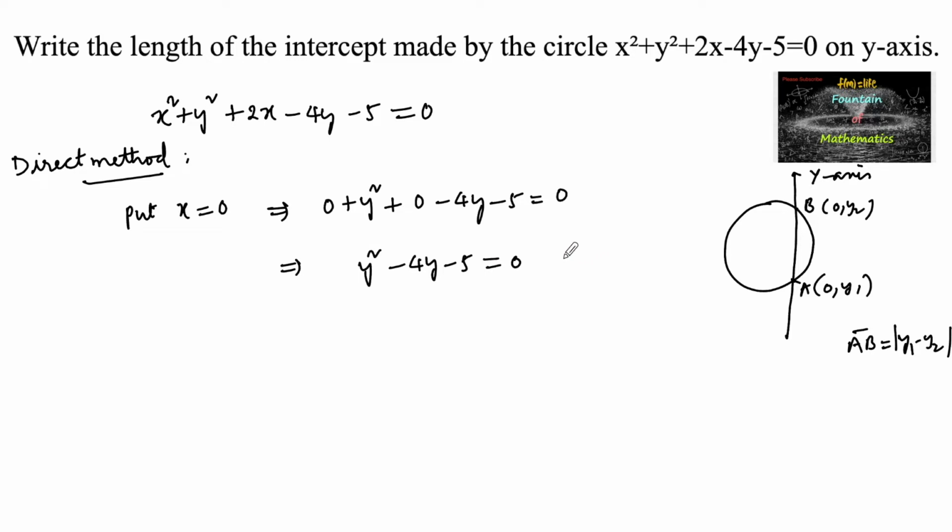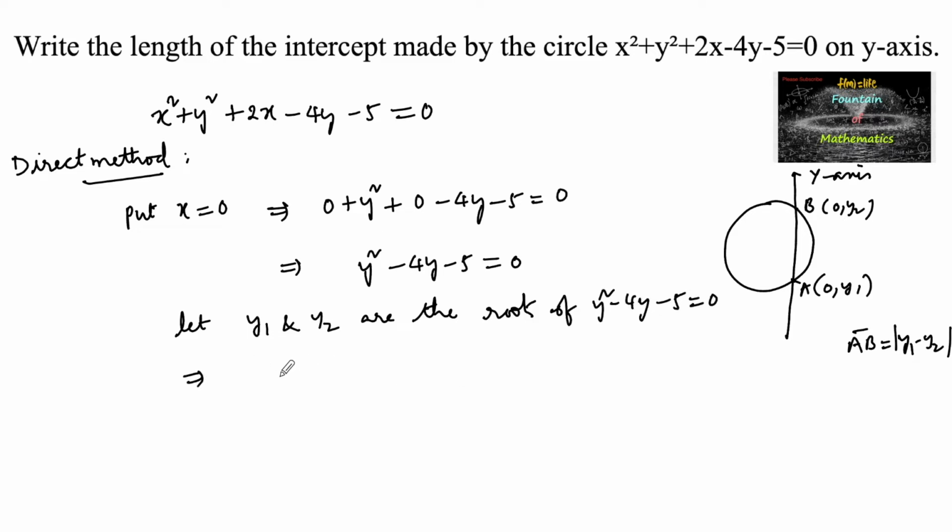It's a quadratic equation in variable y. So let y1 and y2 be the roots of y square minus 4y minus 5 equals to 0.